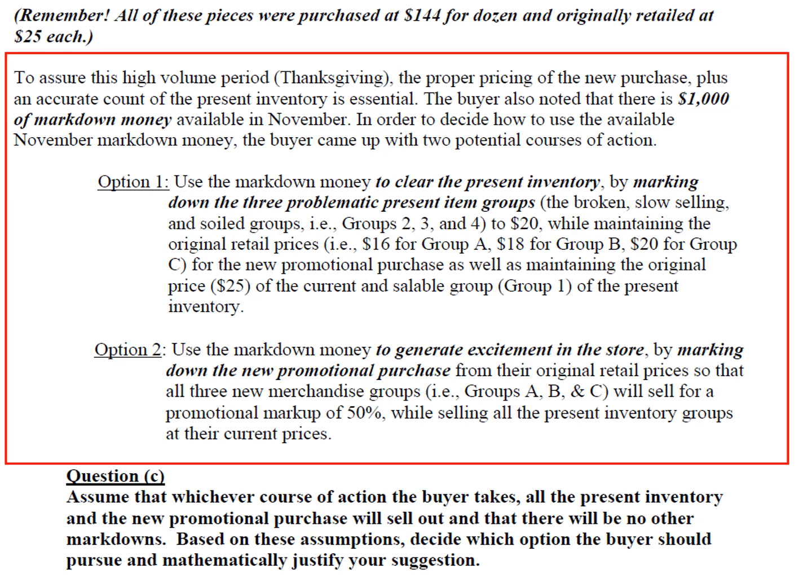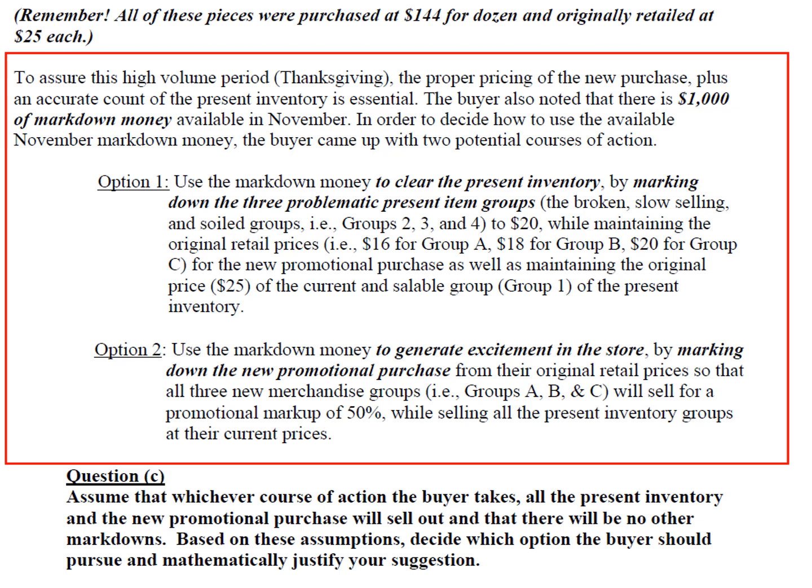With all of these knit tops together, this buyer is planning for the Thanksgiving sale, a very high sales volume period. The buyer wants to do a really good job during this Thanksgiving period. The proper pricing would be very important to be able to get rid of all of them. Let's think about it that way.